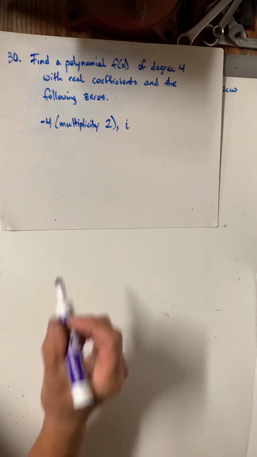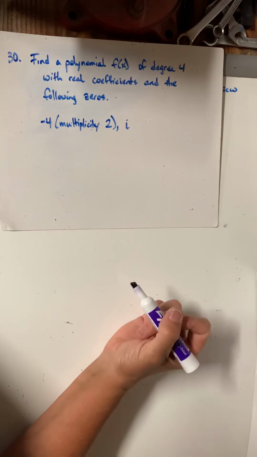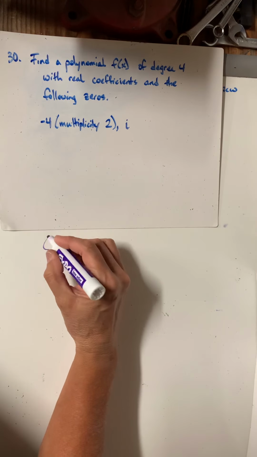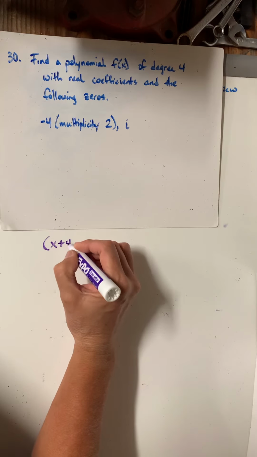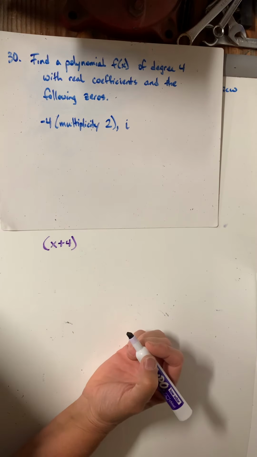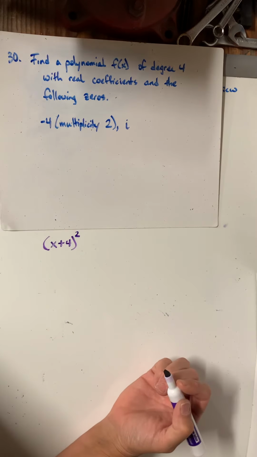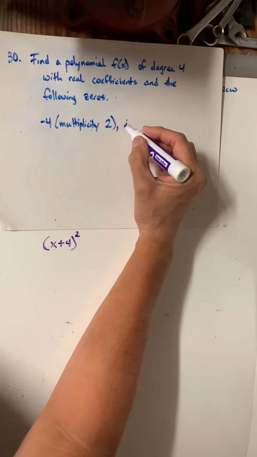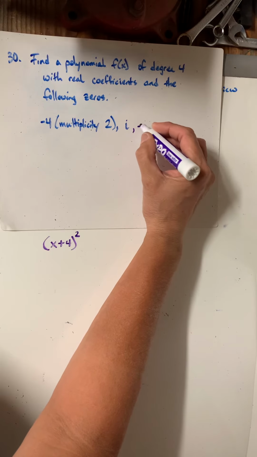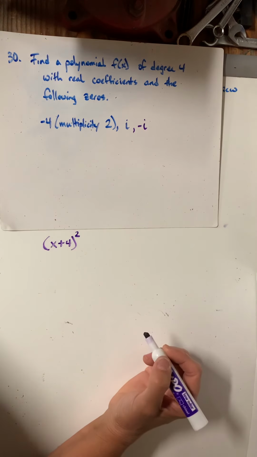They tell me that -4 is a 0, which means I'm going to have an x plus 4. But they also tell me that it has a multiplicity of 2, so that means it's raised to the power of 2. Now, anytime I have an imaginary number, I'm automatically going to have its conjugate.